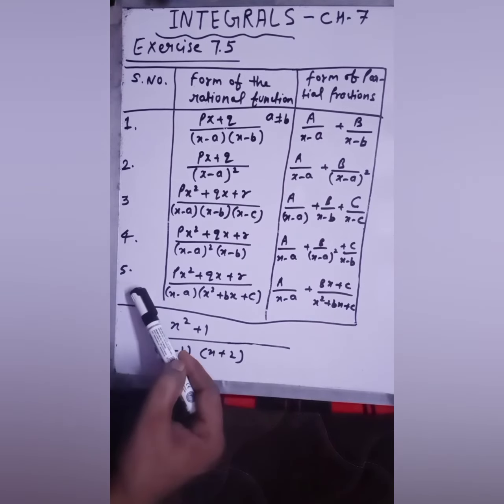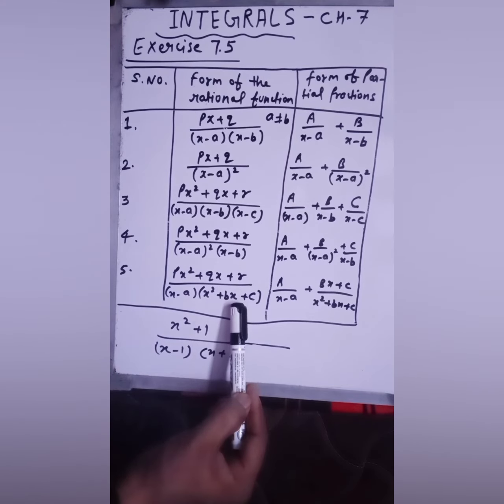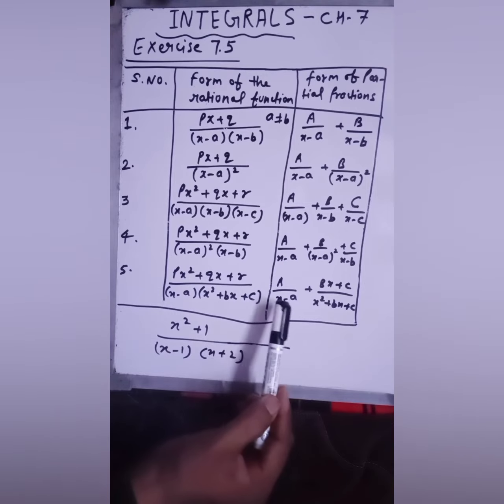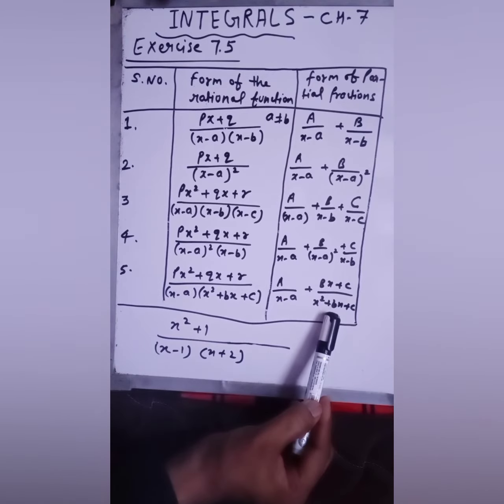In the first part, if this is any quadratic equation in the denominator part, you can write like this: a over the first factor plus b over the second, px plus c over this one.